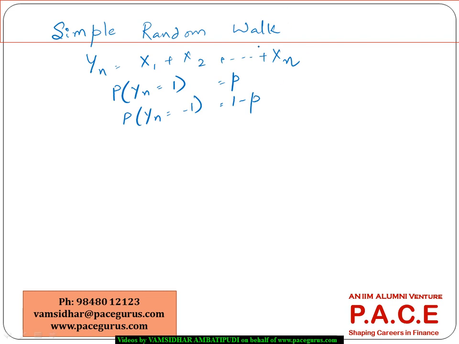We called this a simple random walk. And because the increments are independent, whenever increments are independent, we said that this particular process is Markovian. So a regular simple random walk or a symmetric random walk, all these things typically fall under Markovian processes itself.